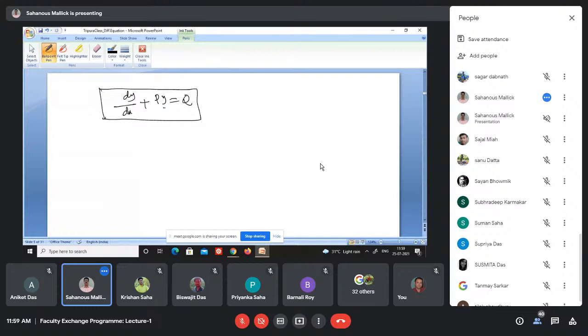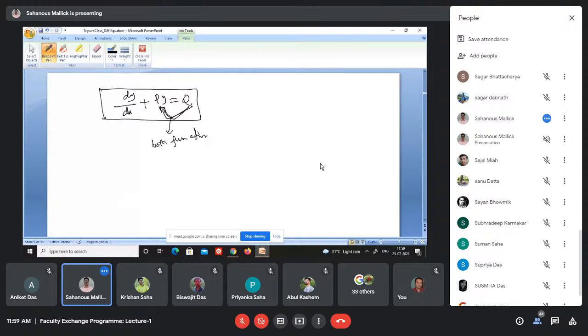Here P and Q, remember it, are both functions of x alone or constant. Then this equation is said to be linear in y.